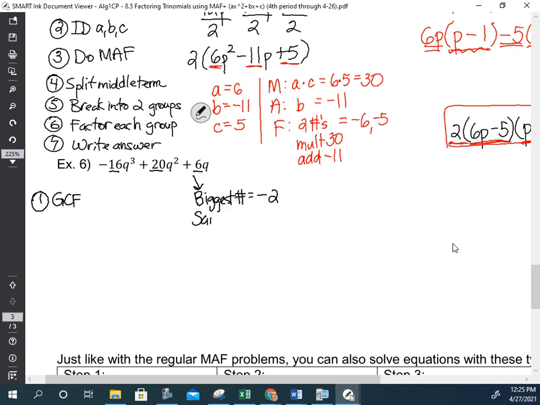Do they all have the same variable? Do they all have the letter Q in it? They all have the letter Q. So your GCF is negative 2Q.